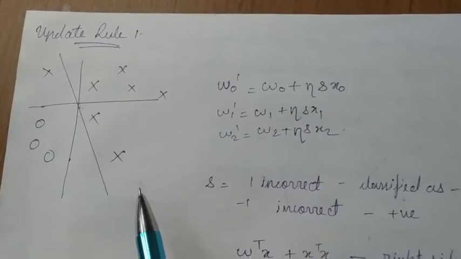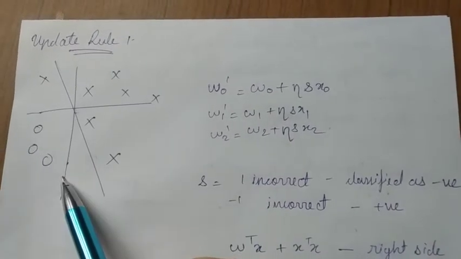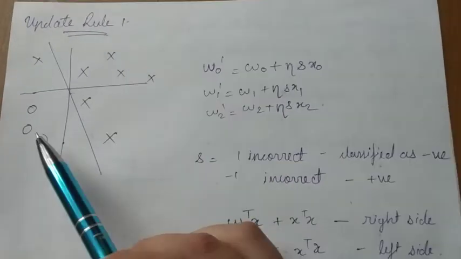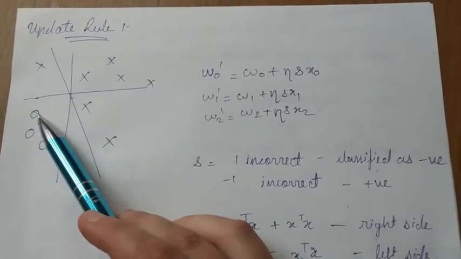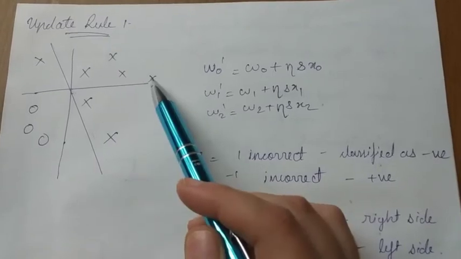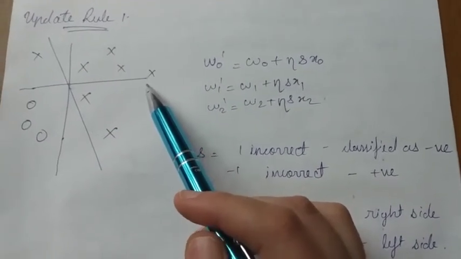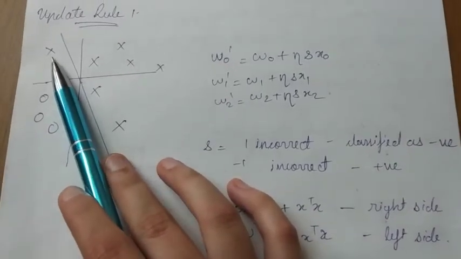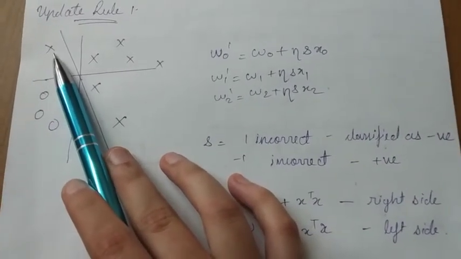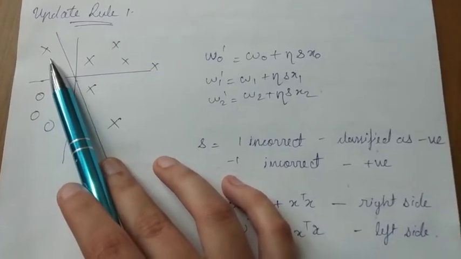Now let us see the update rule. What is the need of this rule? Let us consider we have obtained a classification like this after the learning rule. Now let us check. These three elements are correctly classified as circles. These all are crosses and are classified as crosses, so no problem. But this element is a cross which is classified as a circle. So this classification needs to be updated.